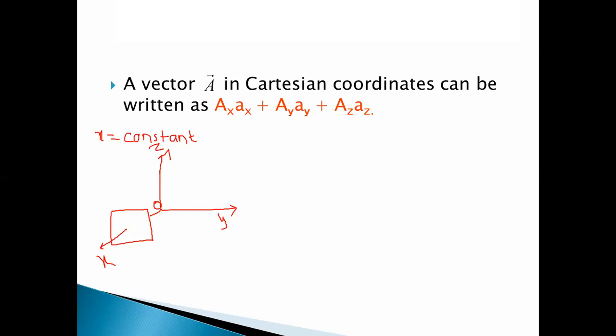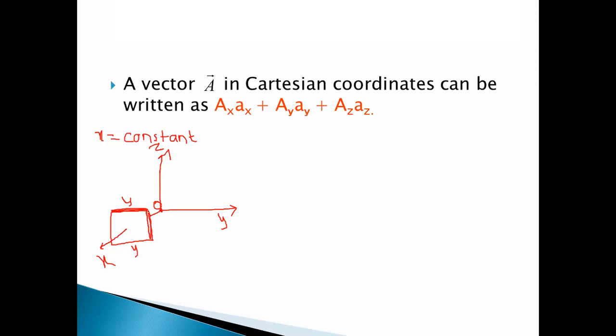Means what? When we are finding any point on the x-axis, at that time we are finding the length from the origin to that point. When we are considering the x is equal to constant plane, this is your horizontal line, which is showing the y-axis.